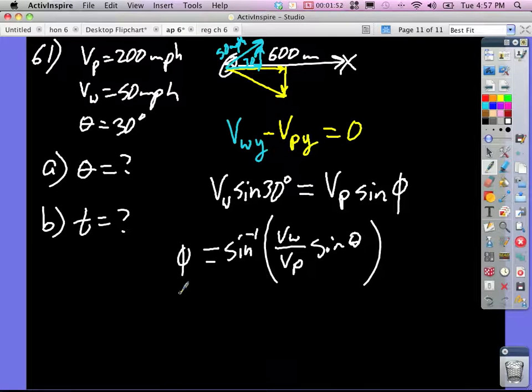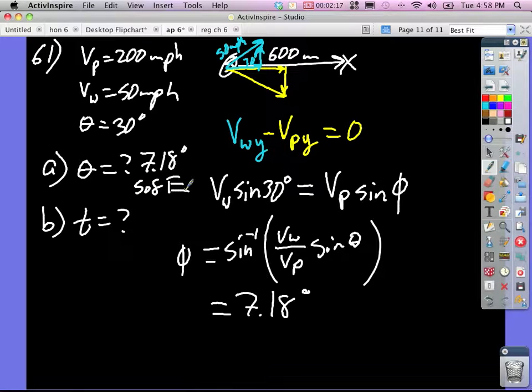So the inverse sine of 50 divided by 200 times, and the sine of 30 is 0.5. And we get 7.18 degrees. So she has to angle her plane 7.18 degrees, and it's going to be south of east.